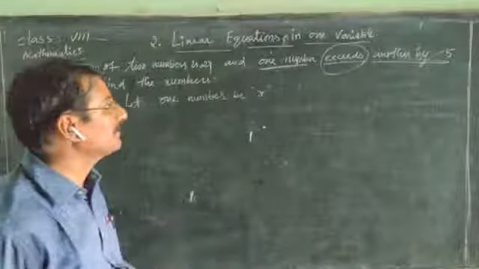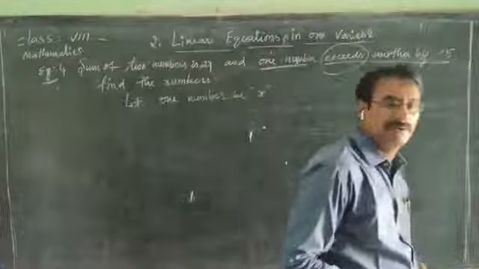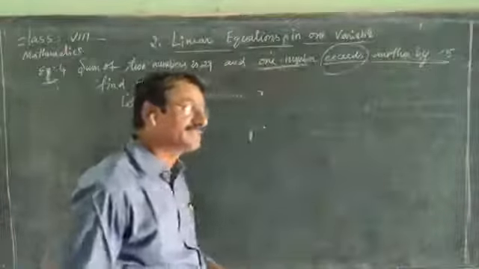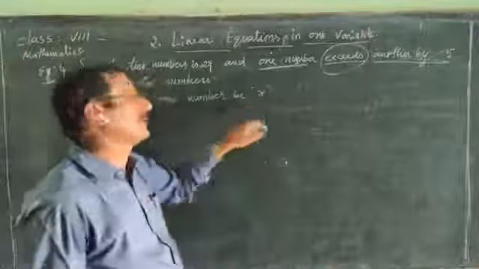How can we find the other number? One number x exceeds the other number by 5. So the other number is 5 more than this number.